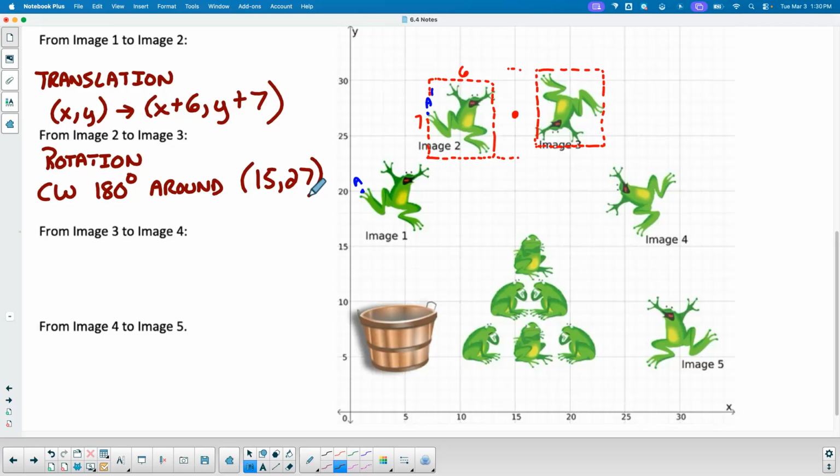Did it translate? No. So that means it did what? It means it rotated. Okay. Do you see, Anna, how it didn't flip? Okay. So we're on another rotation.